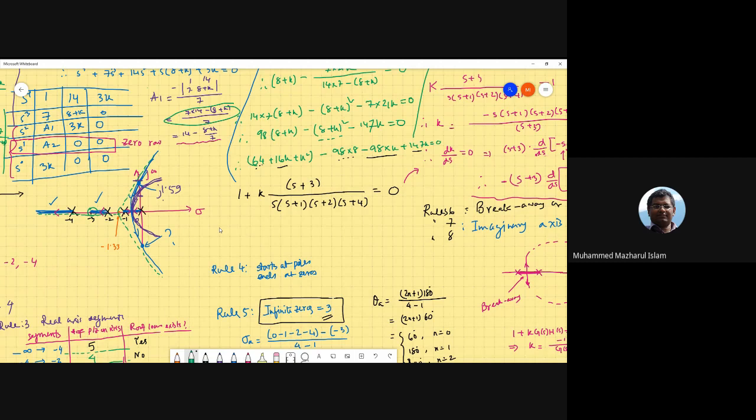However, sometimes you encounter breakaway points, imaginary axis crossing points, complex poles or complex zeros. For those systems, to draw those loci, you have to utilize rules 6, 7, and 8.